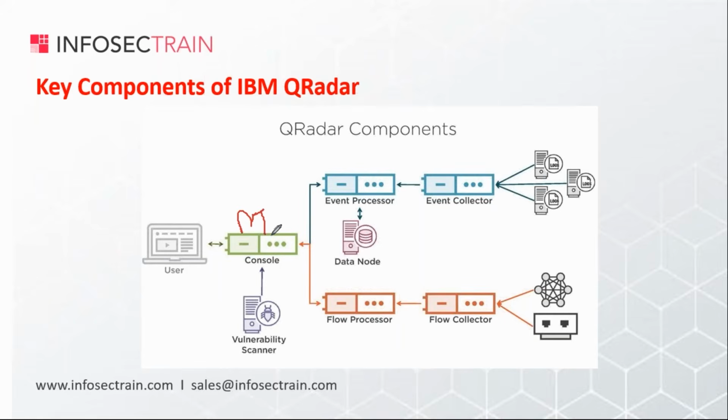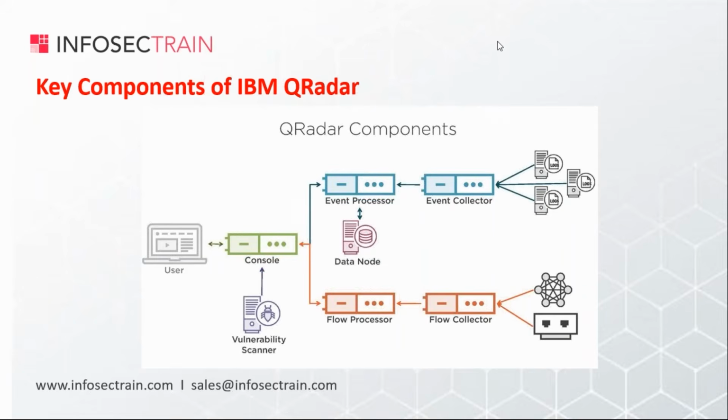Those that have generated alerts will be sent to the Magistrate component, which is nowhere else but on your console. So this is how your logs travel to your console via the event collector and event processor. What happens at the console, we'll discuss in a few minutes.